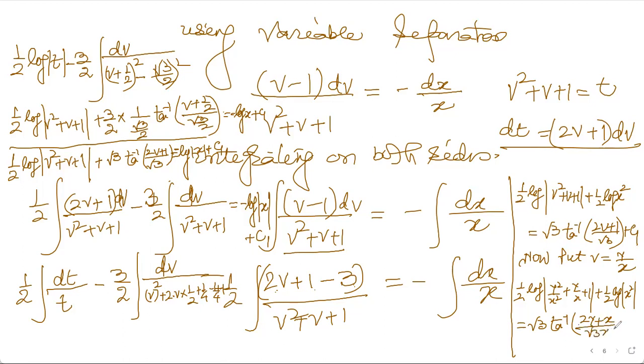So that is root 3 tan inverse, and plus I can write 2c1 here. Why I'm writing 2c1, you might have understood, because I bring it to this side.